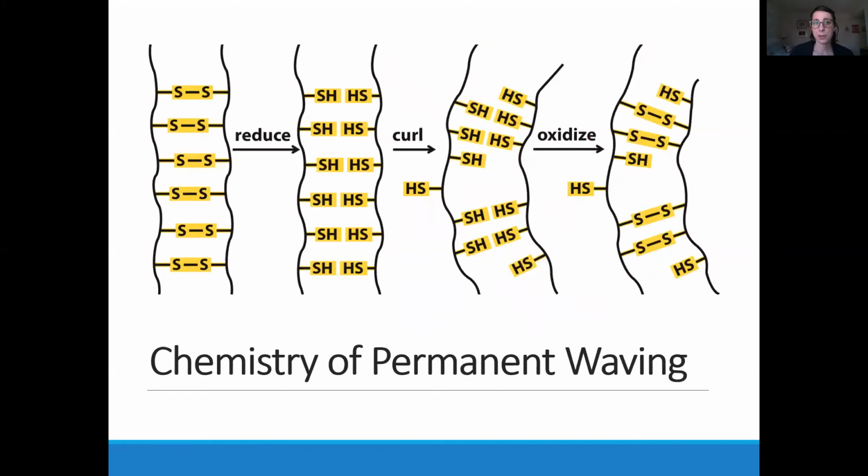So maybe you guys have heard about sulfur in relation to hair, because this is the chemistry of things like permanent waving. So going from straight to curly hair. So you can see when you have these interactions forming disulfide bridges.